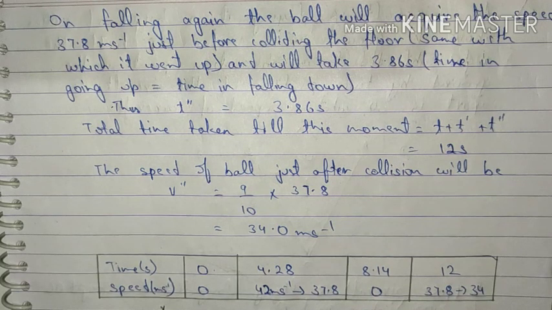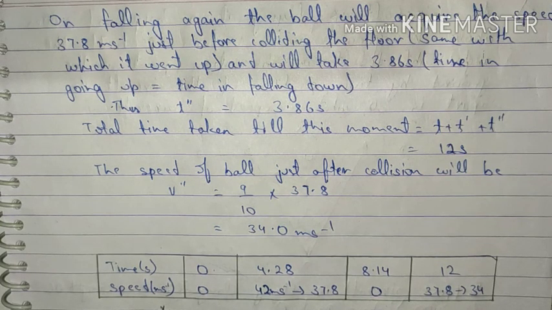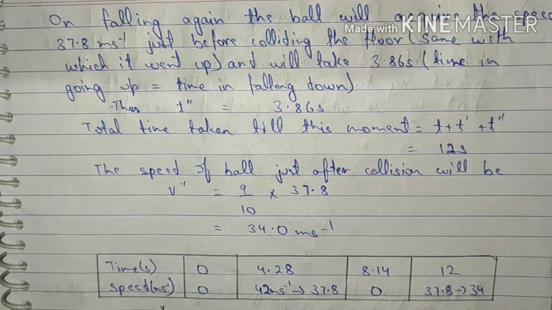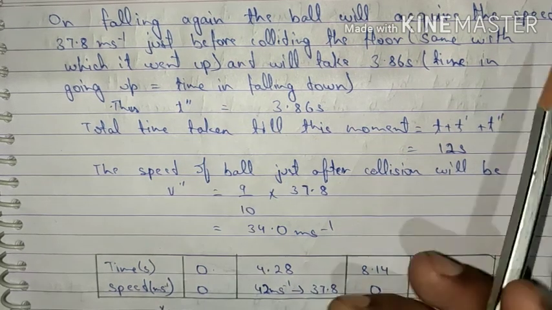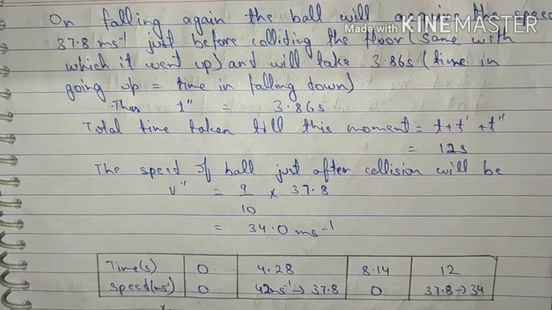That means the same velocity with which it started its motion while going upwards will be obtained again by the body when it is just going to touch the ground. So here in this case we got the velocity as 37.8 meters per second.